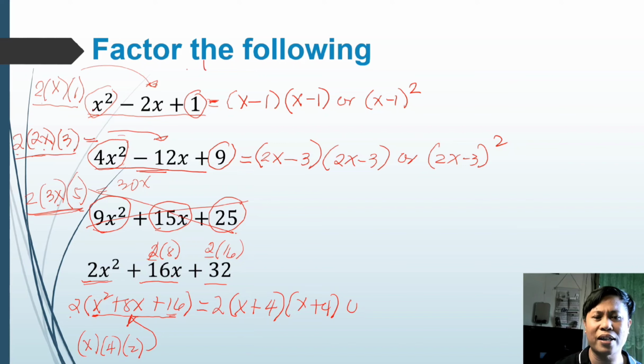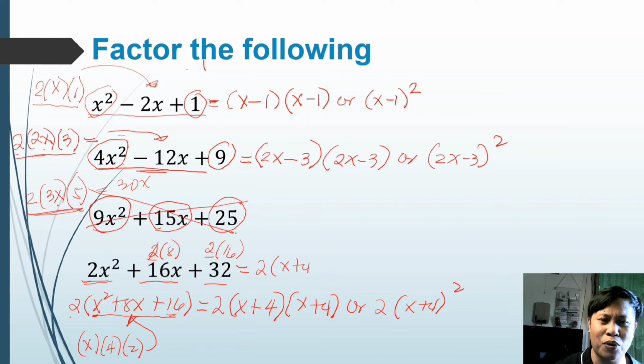Or, we can write this as 2 times x plus 4 quantity squared. Okay? So, that is now the factors of 2x squared plus 16x plus 32. So, you have 2 times x plus 4 times x plus 4.